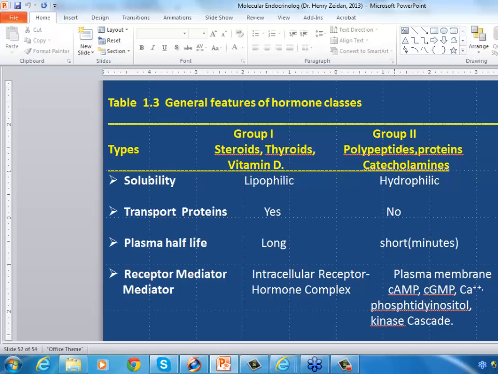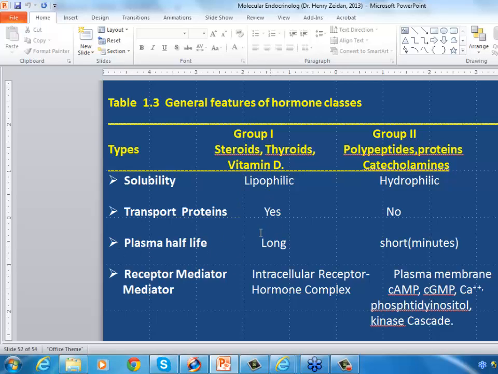Polypeptides, water-soluble hormones, hydrophilic. So they exist in a free form. They can form vesicles. Those vesicles store the pro-hormone and an enzyme, and when you need it, you clip it off right away in a matter of milliseconds. But the thyroid hormones, the lipid-soluble hormones, due to the fact that they are carried by specific carriers, have a long half-life, and they also are synthesized when there is a need for them.